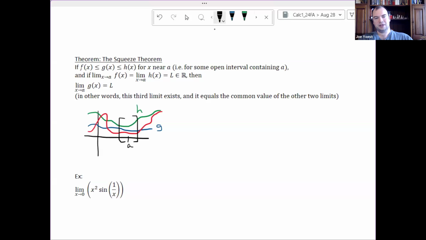So near a, if I look at some little slice of the inputs that are near a, I see that I have f less than or equal to g less than or equal to h.